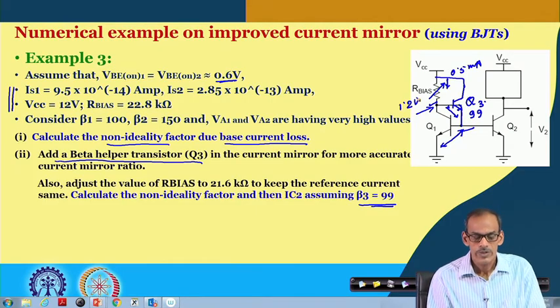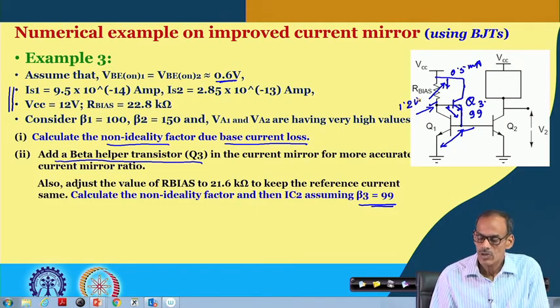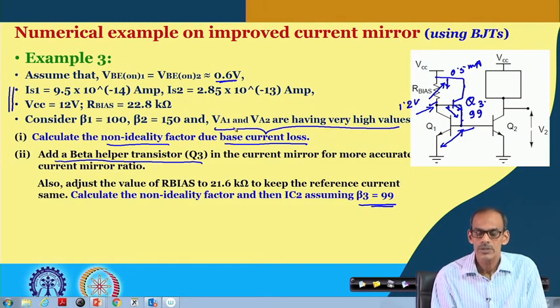Since we are keeping the focus only on the non-ideality factor due to the base current loss, we are suppressing other information, namely in this example we consider early voltage to be very high.